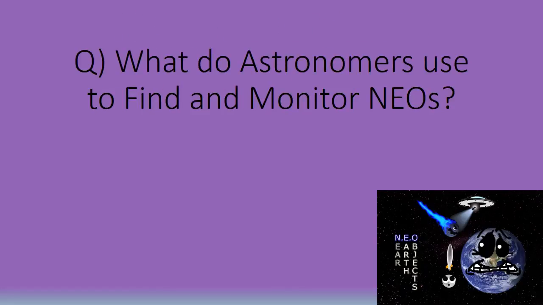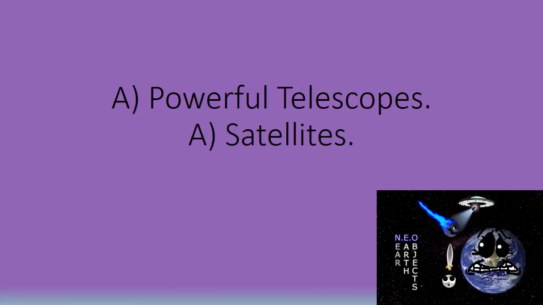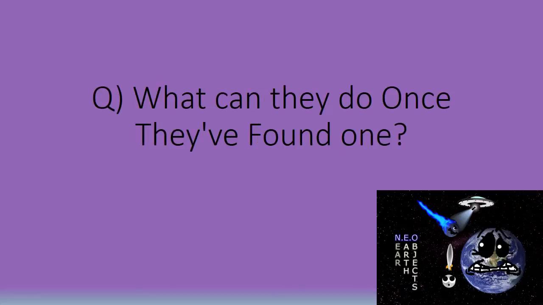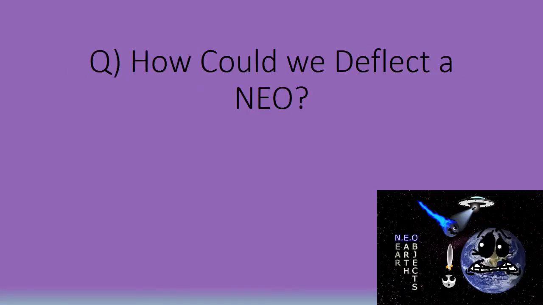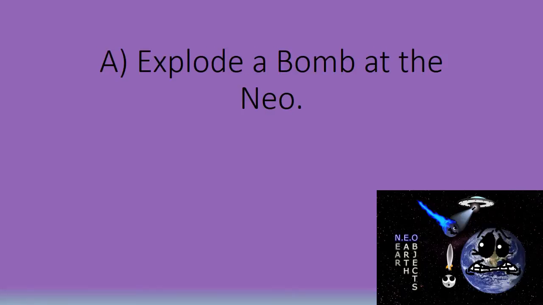What do astronomers use to find and monitor NEOs? Powerful telescopes, satellites. What can they do once they've found one? They calculate the object's trajectory. How could we deflect a NEO? Explode a bomb at the NEO.